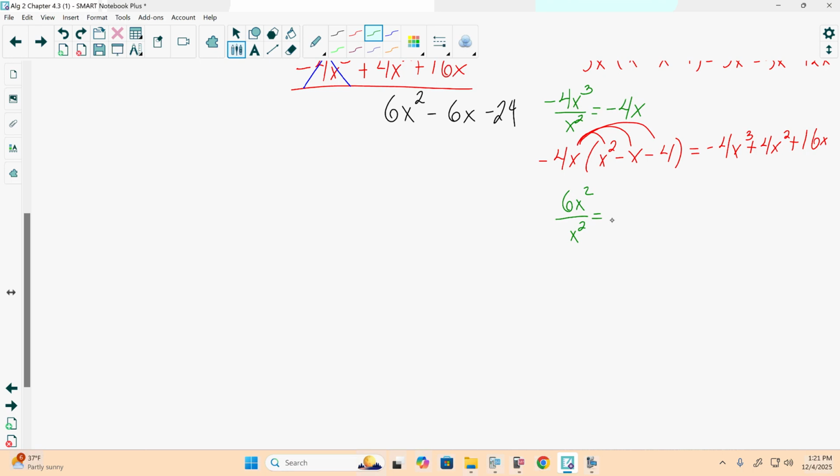We've got to do it one more time, then we're done. So to see what goes on top, what we need to multiply by, we're going to take 6x squared and divide it by x squared, yes? 6x squared divided by x squared is 6.